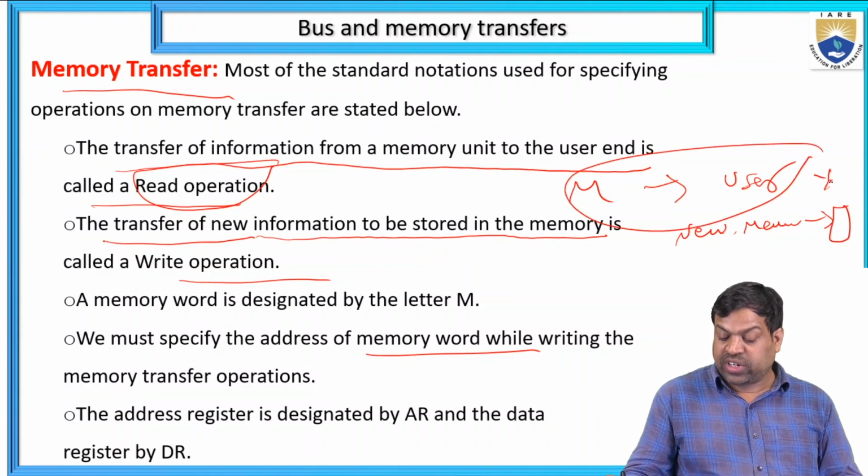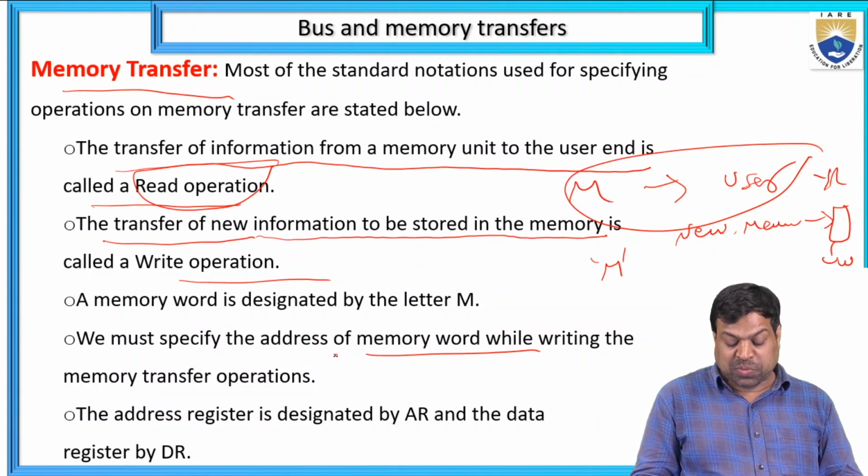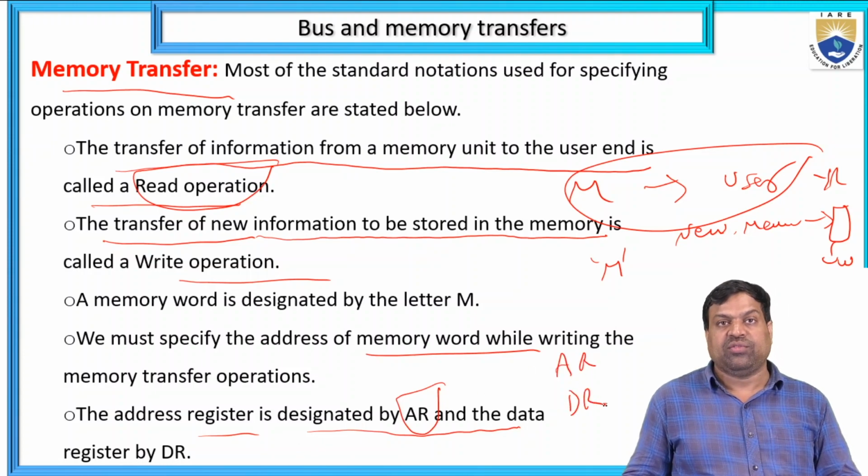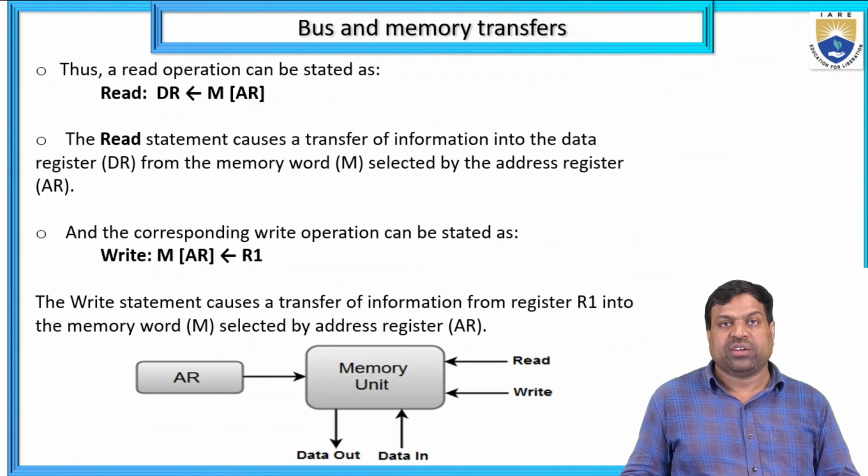So that is read, and that is write. And a memory word is designated by the letter M, which is nothing but memory. We must specify the address of the memory word. The address register is AR and the data register is DR. We specify these in the memory.